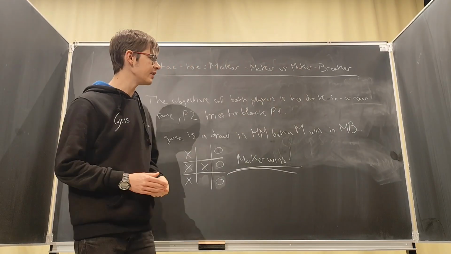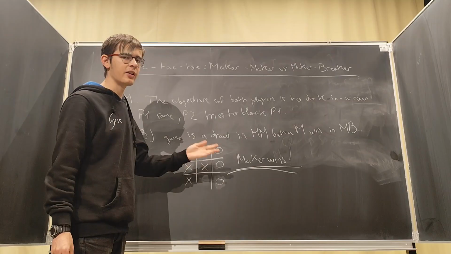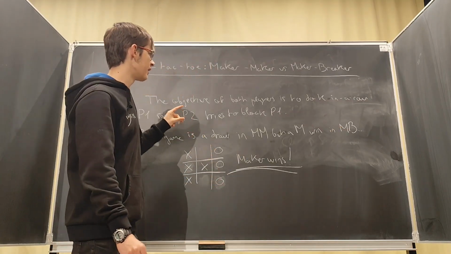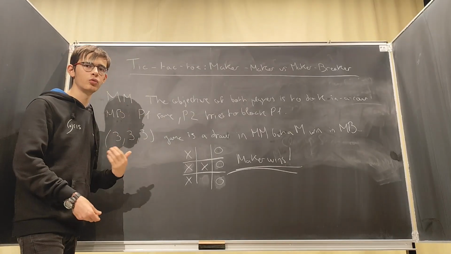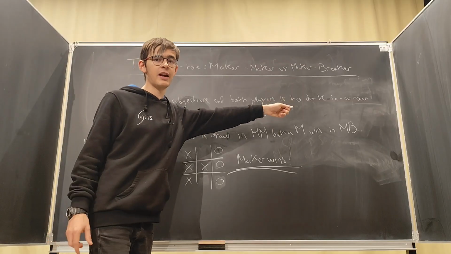So you can actually see that Maker, or player 1, is much stronger in the maker-breaker version than in the maker-maker version. Because in the maker-maker version, he has to worry about player 2 potentially achieving his own streak of k in a row.